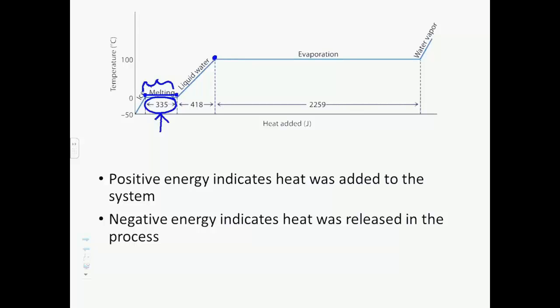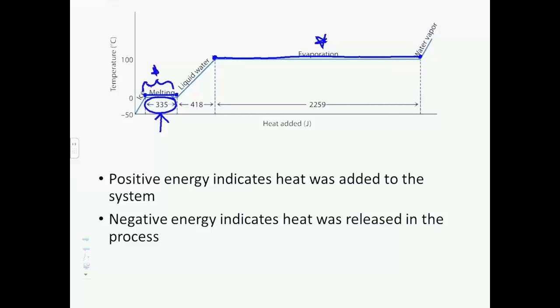Same thing for evaporation. There's a period of time at 100 degrees, which is the boiling point, where heat needs to be added to finish that transition from water to water vapor. So the idea here is that in the melting phase and in the evaporation phase, all of the heat that's added is not being added to increase temperature. The heat that's being added is to help transition between one phase and another.